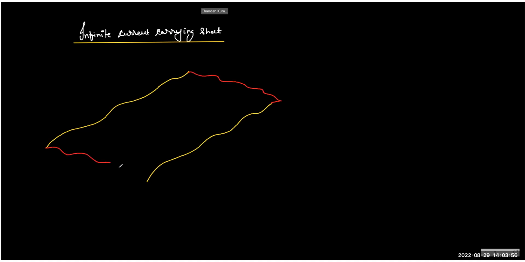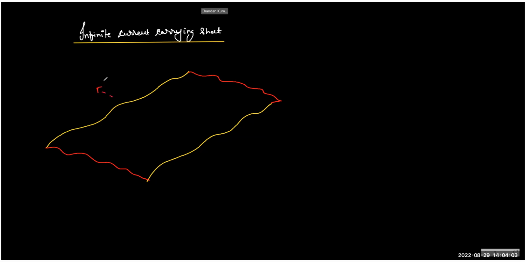So, an infinite current carrying sheet. We have a sheet which is carrying current and it is infinite in all senses.